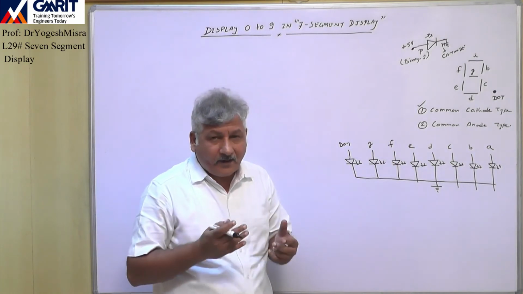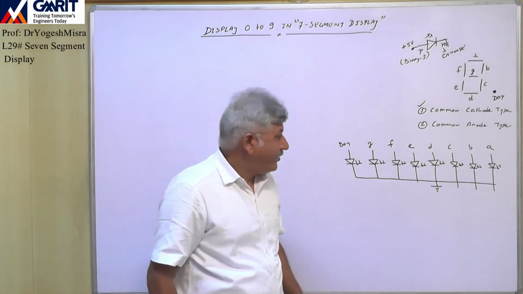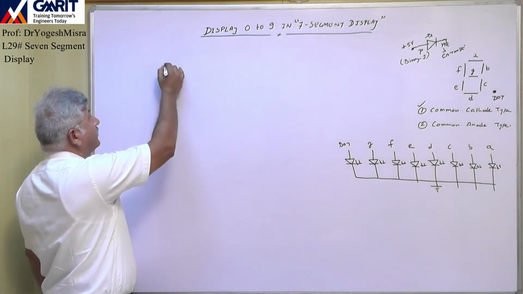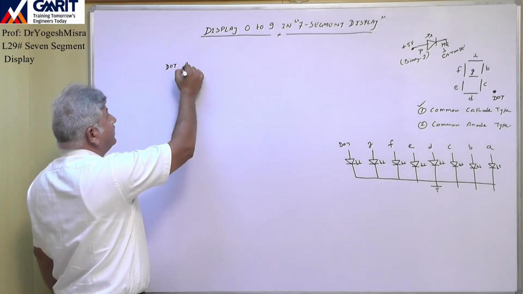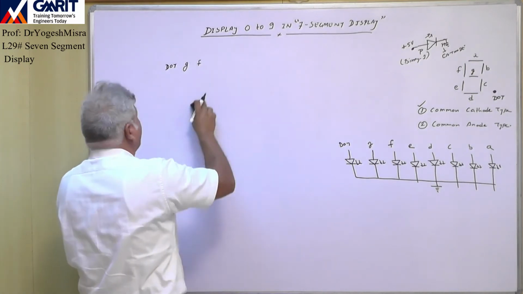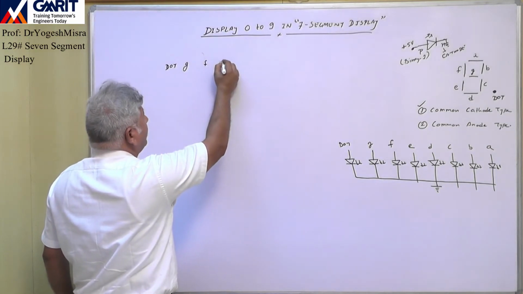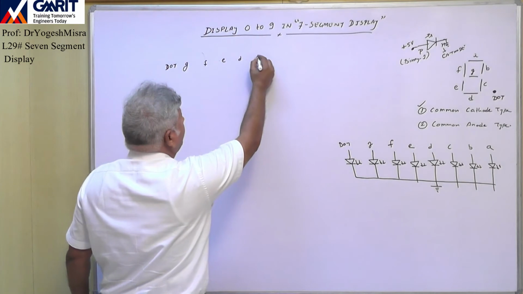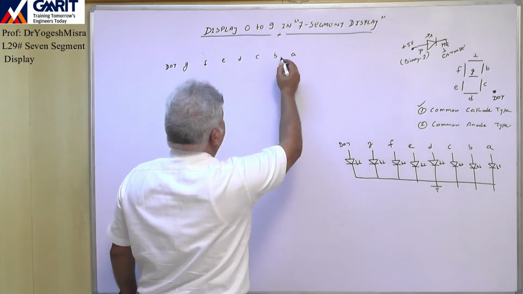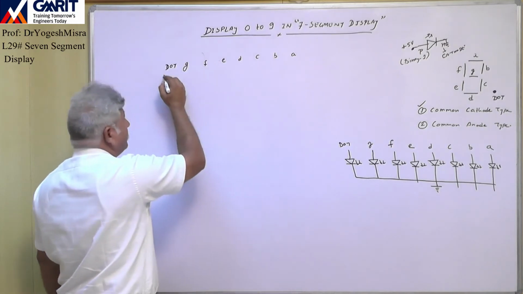What values, binary 0 or binary 1, are required to display numbers from 0 to 9? So here it is dot, G, F, E, D, C, B, A.